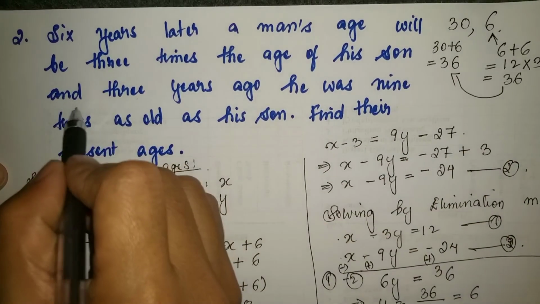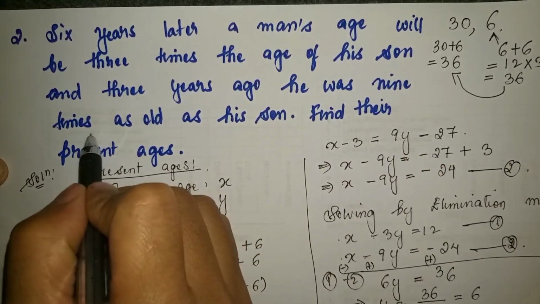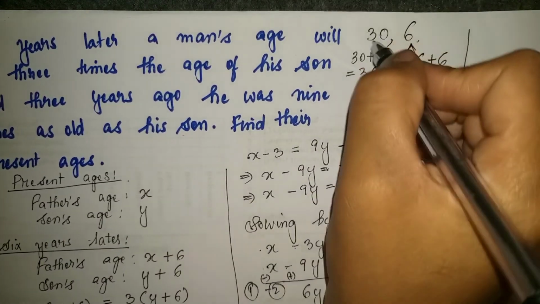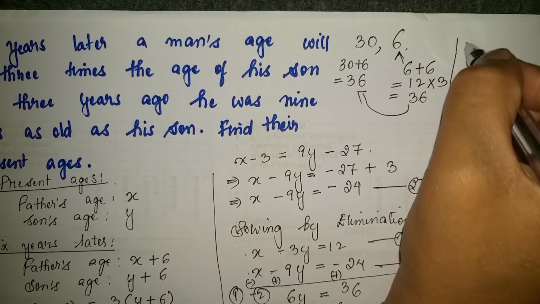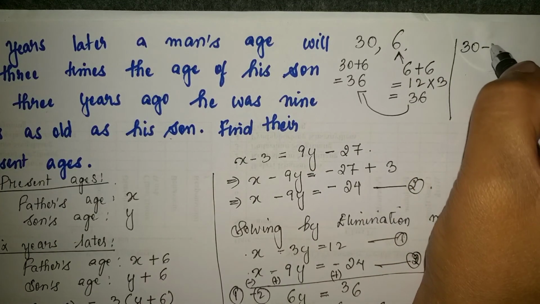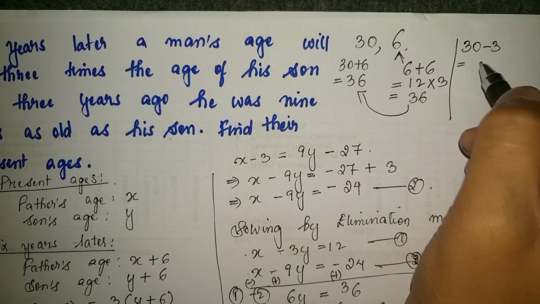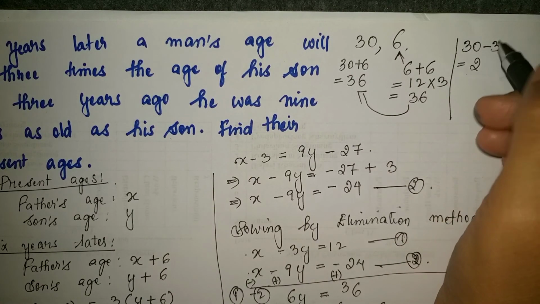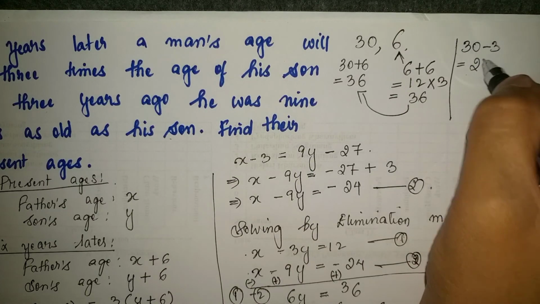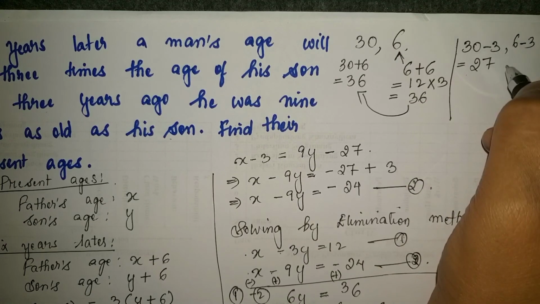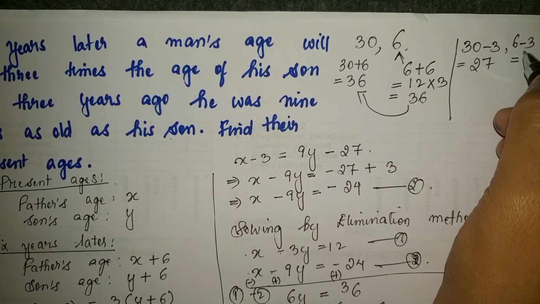Similarly, 3 years ago he was 9 times as old as his son. It means from 30, if I subtract 3, I get 27. And from 6, if I subtract 3, I get 3.